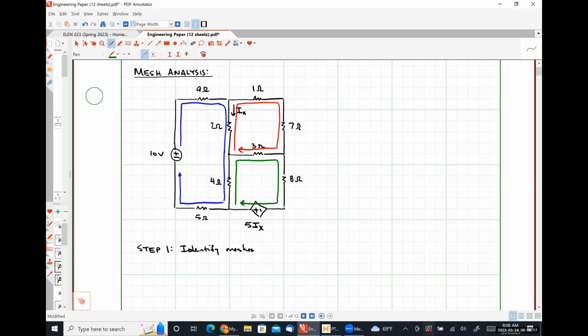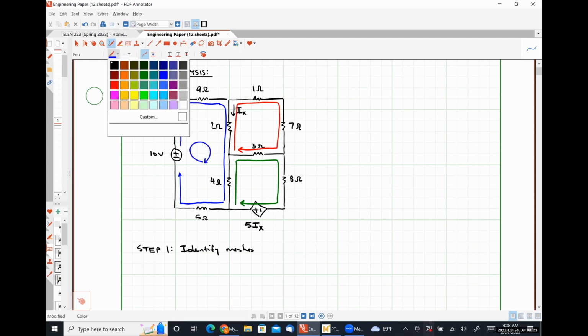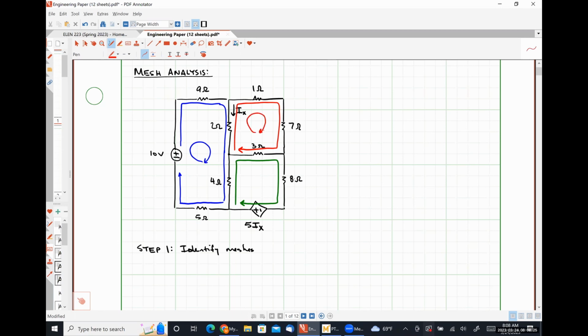Usually I use a shorthand that would look something like this. Just a simple loop in the middle of the mesh that lets me know what direction I'm following things around. But today, to be blatantly obvious about the paths that we're taking when we're writing these KVL equations, I'm going to use the larger one.